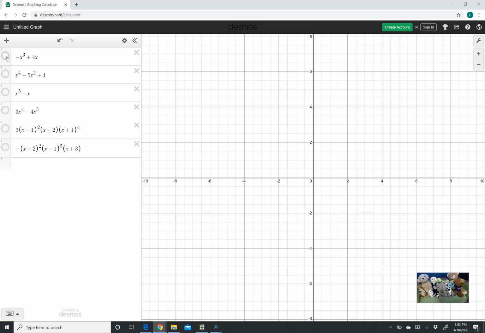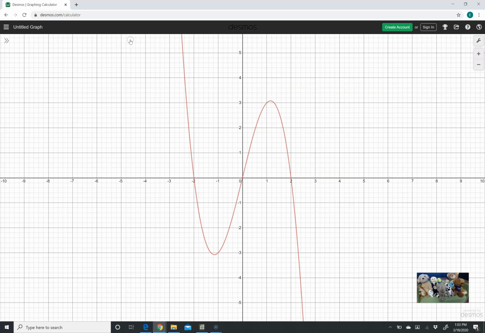So let's just quickly review a couple of the things that we talked about in the last lesson. If you remember, we look at a graph going left to right, and we talked about increasing and decreasing functions. So if we look at the graph from left to right, we could see that over here, the graph, meaning the y values, are decreasing as we go left to right. So we would consider this decreasing.